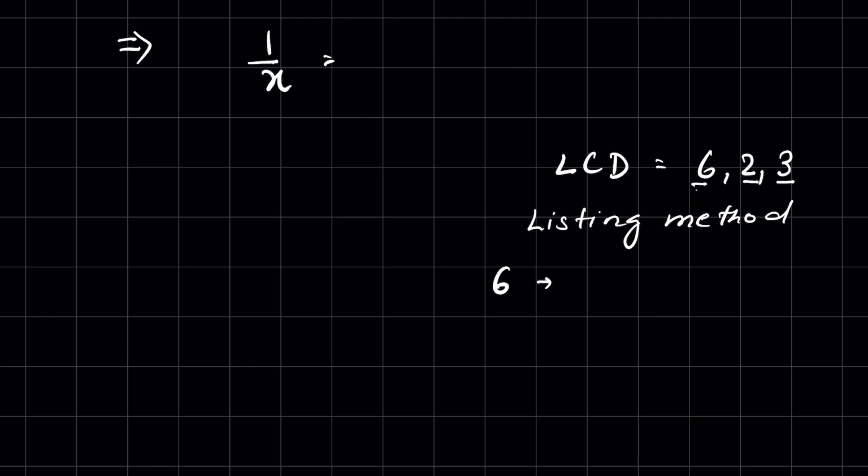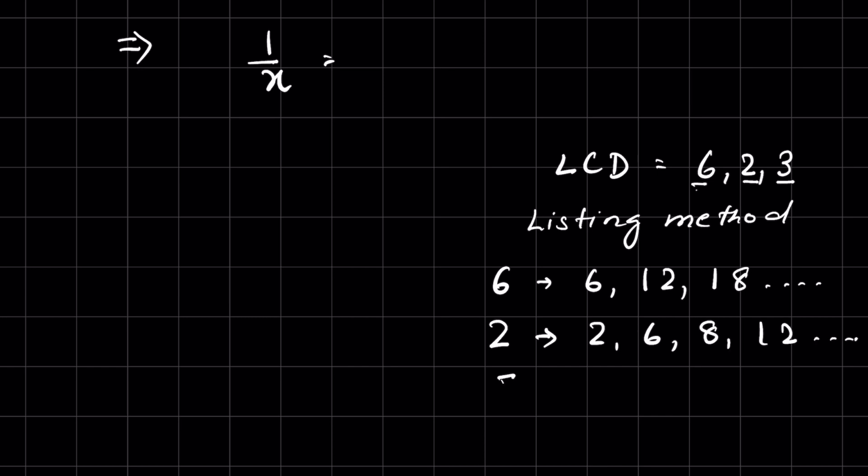Now the multiples of 6 are 6 times 1 is 6, 6 times 2 is 12, 6 times 3 is 18, and so on we can write. Then multiples of 2: 2 times 1 is 2, 2 times 3 is 6, 8, 12. Then write the multiples of 3: 3 times 1 is 3, 3 times 2 is 6, 9, 12.